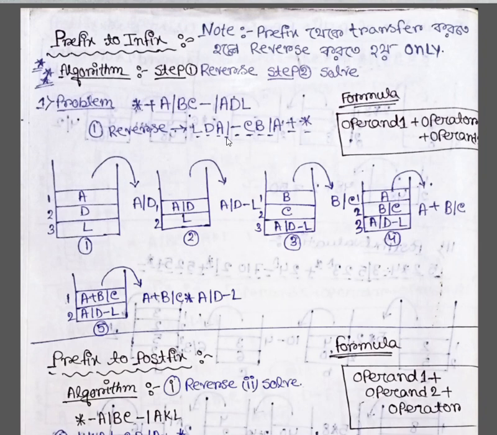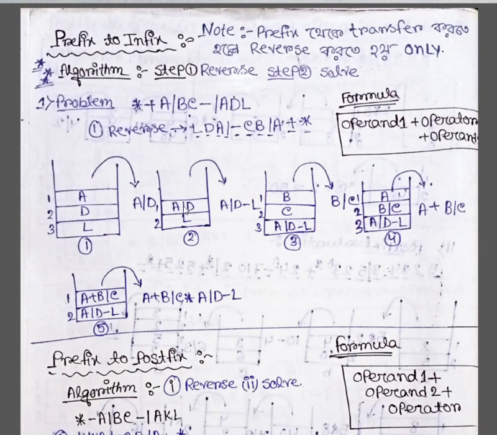Now we again encountered an operator, that is the minus or subtraction operator. Then we have to perform the pop operation again. This is operand 1, and we should pop this as it is on the top.